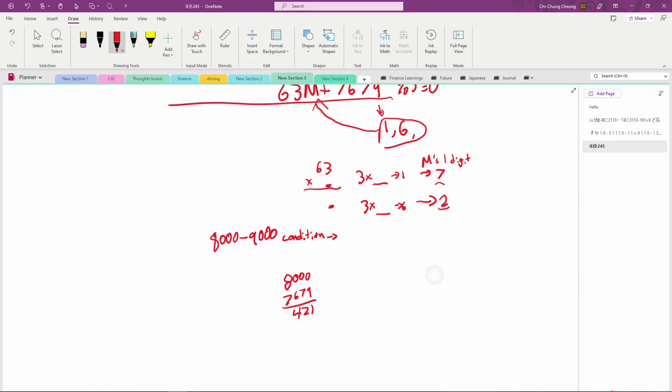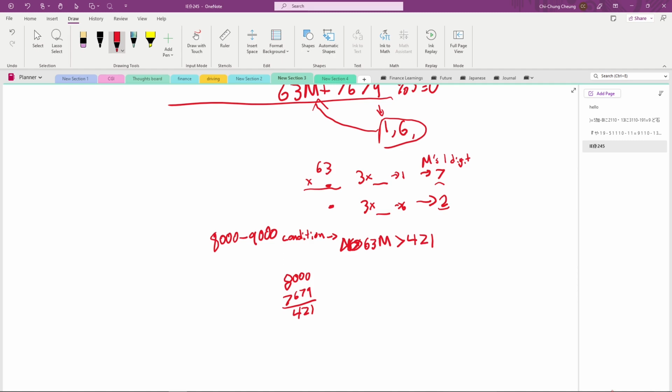So that means 63m has to be larger than 421. Some estimation.